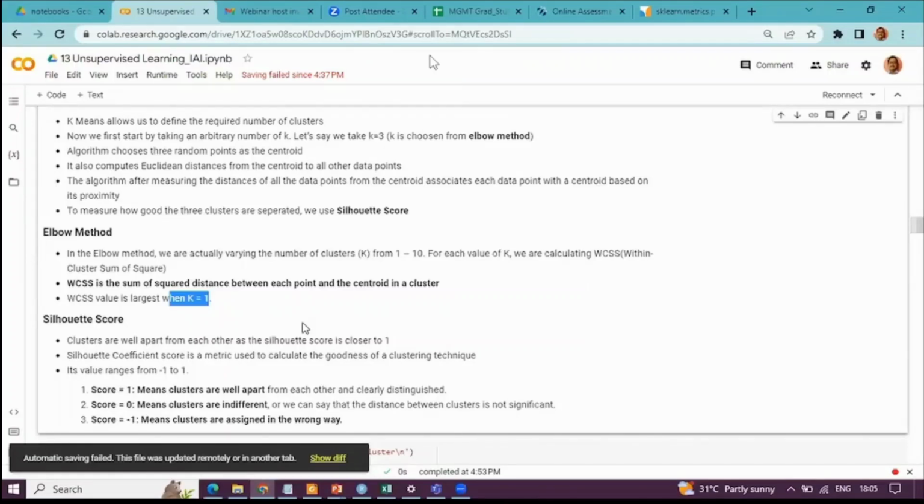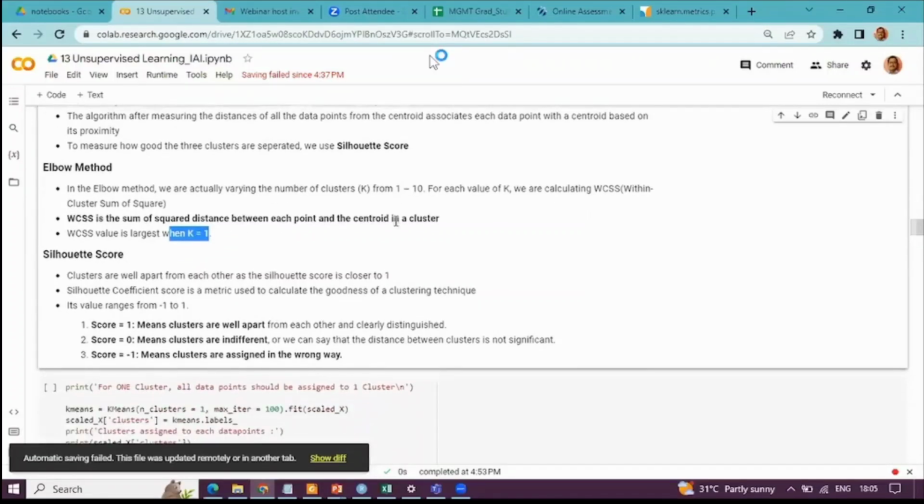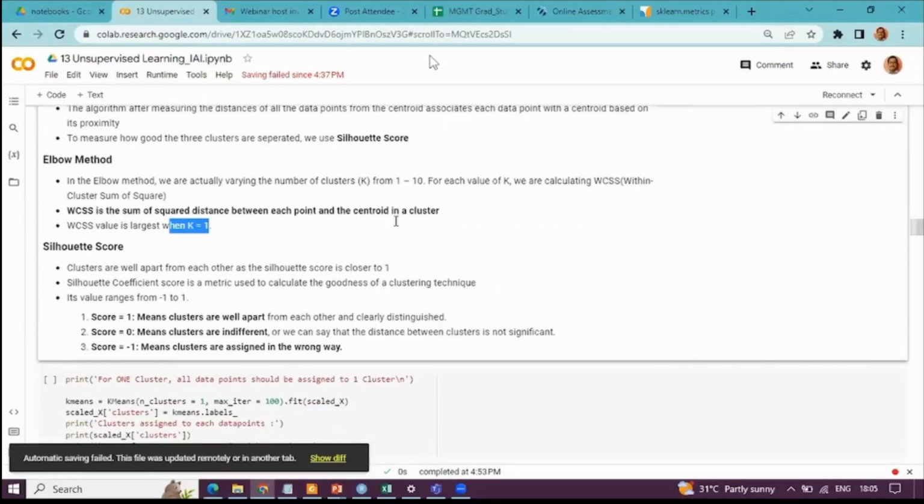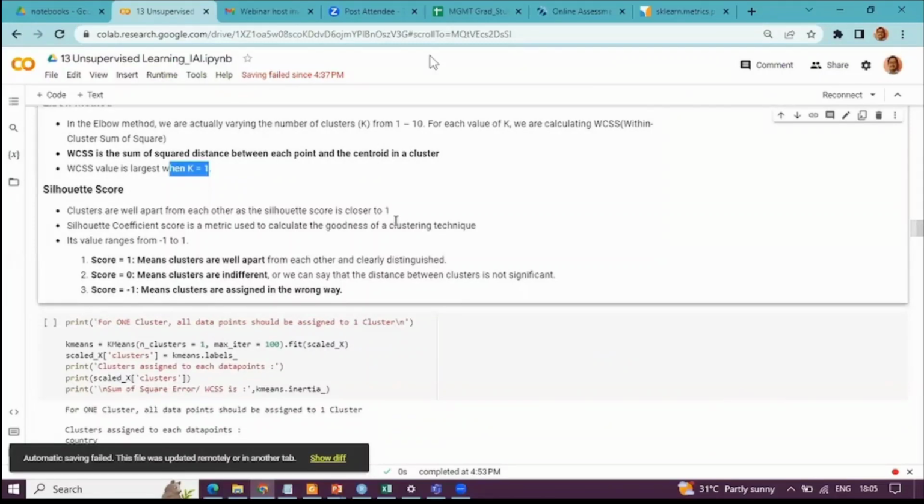All right. Then we have talked about the Silhouette score. The Silhouette score has to be higher, and the maximum value you can think of for a Silhouette score is +1. And that +1 is possible if you look at the formula also.